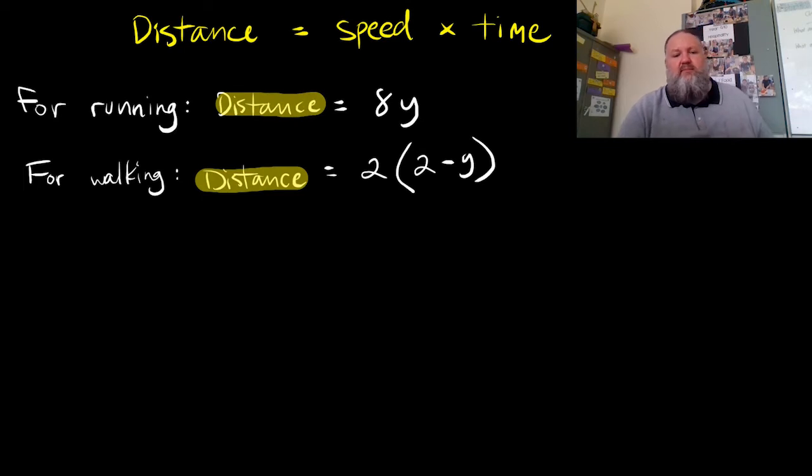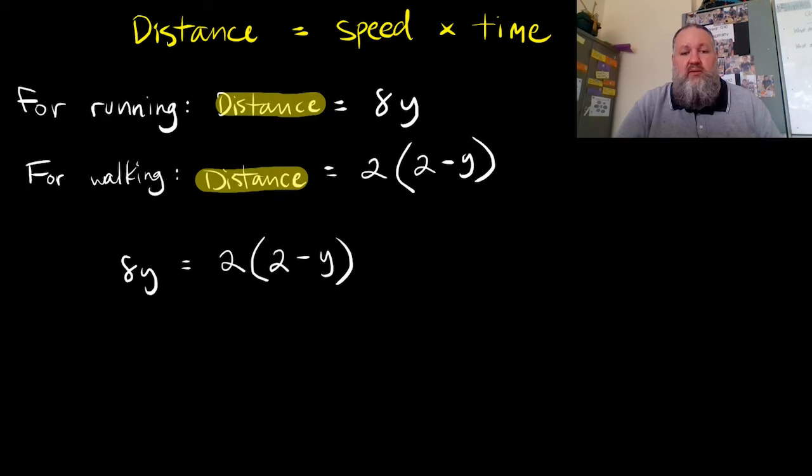So really, they're both equivalent, right? So I can rewrite my expressions into a linear equation. I have my running distance on the left-hand side, and it is equal to the distance of her walking.